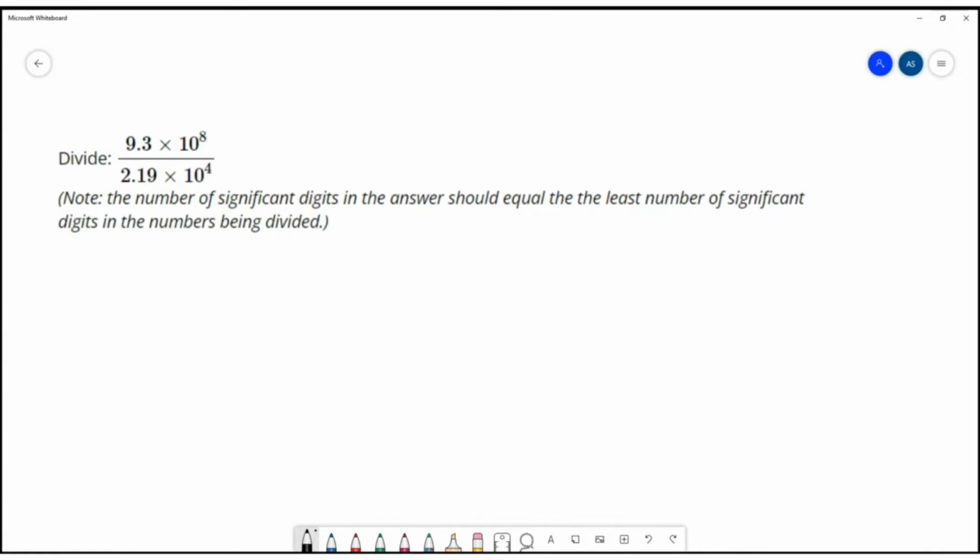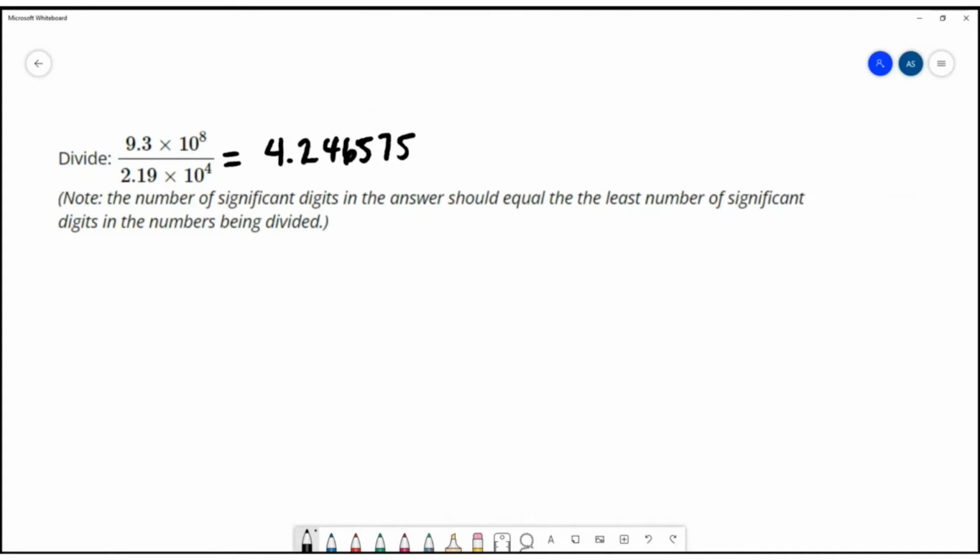Now with these written in scientific notation, we can take advantage of that. And we're going to divide the numbers 9.3 divided by 2.19, and that gives 4.246575. I'm going to stop there.